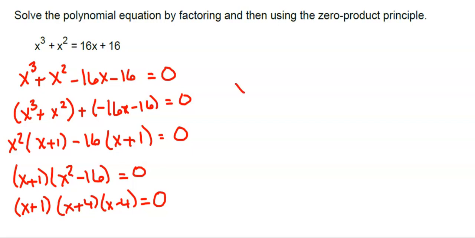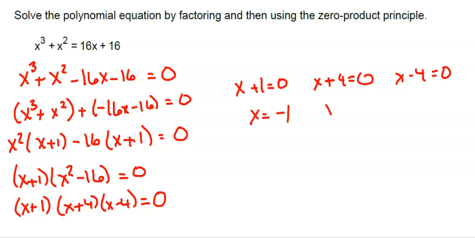So either the x plus 1 is a 0, or the x plus 4 is a 0, or the x minus 4 is a 0. So we've got three solutions. X is negative 1, x is negative 4, or x is positive 4.